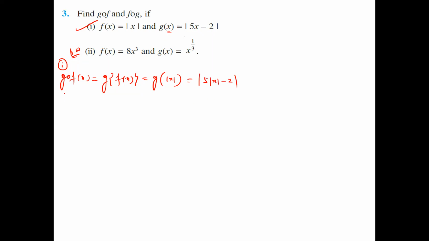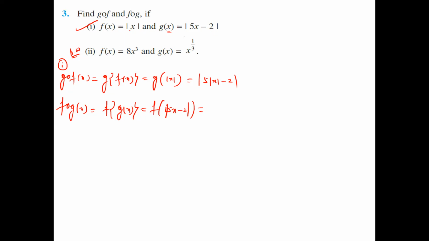Next, F composition of G. F composition of G of X means F of G of X, F as it is. What is the G of X value? 5X, sorry, mod of 5X minus 2.